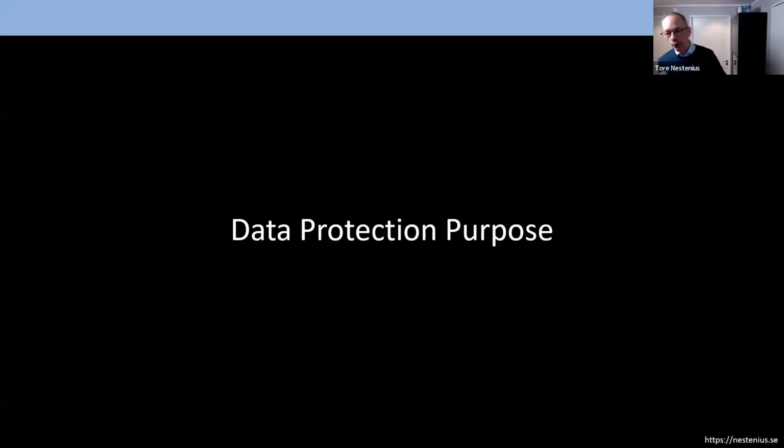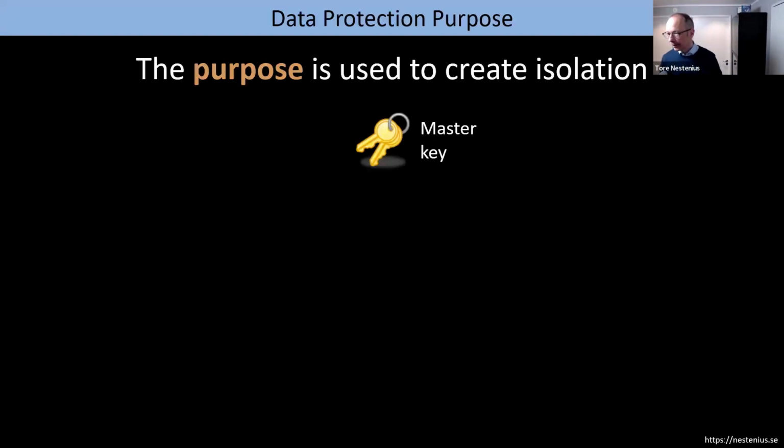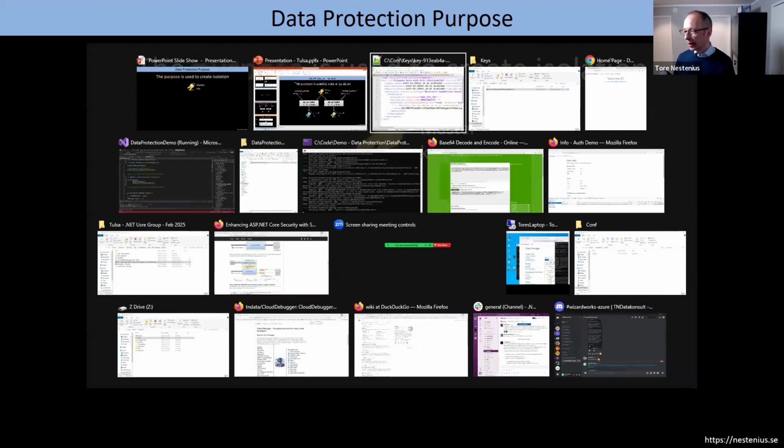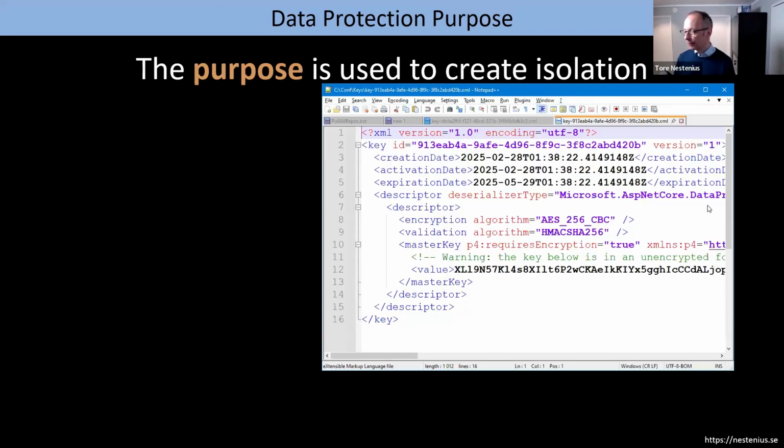We need to talk about the purpose. What? The purpose? What's that? So the purpose is a way to create isolation, to create a more secure setup. So we have our master key, and that key is the one we have in our XML file.